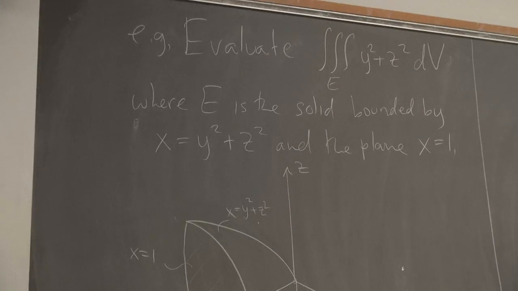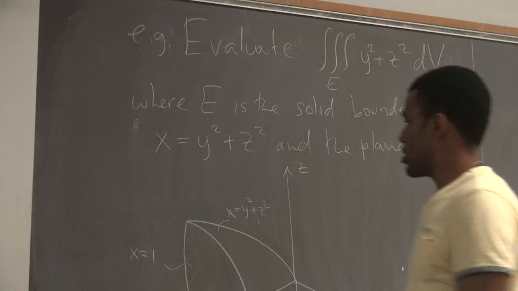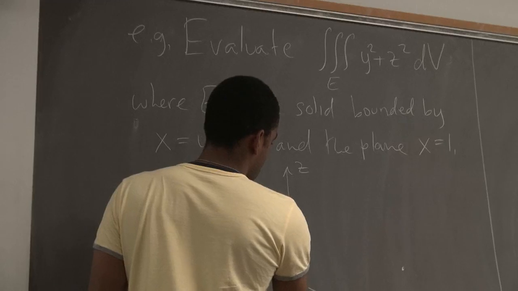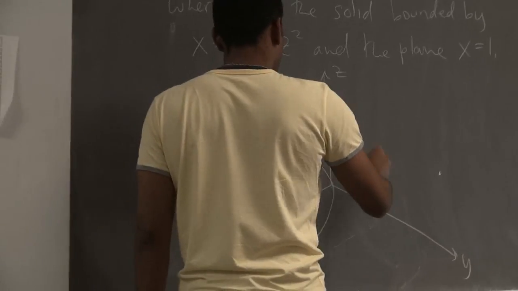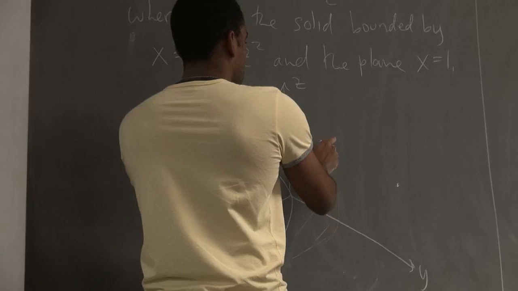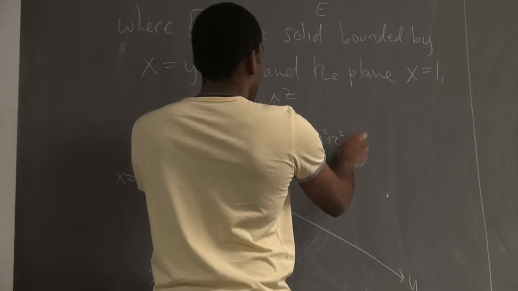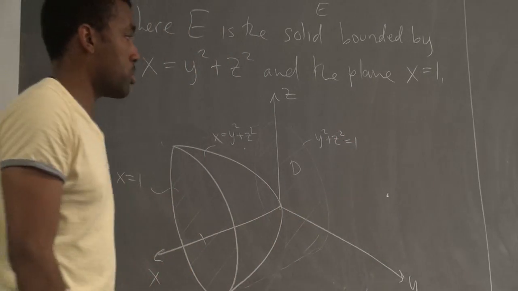Okay. And how do we do that integral? You want the domain where? On the YZ side? You can put the domain in the YZ plane. What would it look like? It would be a circle. So in D, this would be y squared plus z squared equals 1, because it equals x, and x equals 1 at this point.